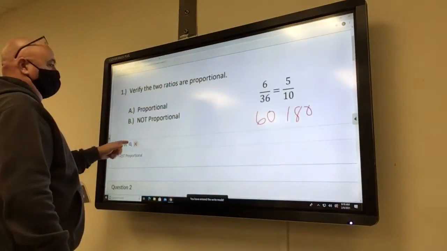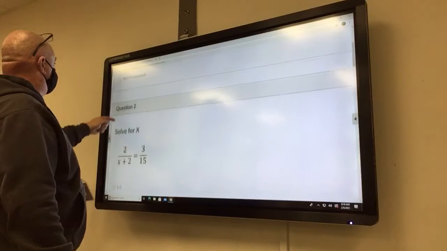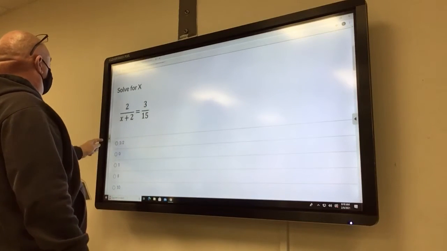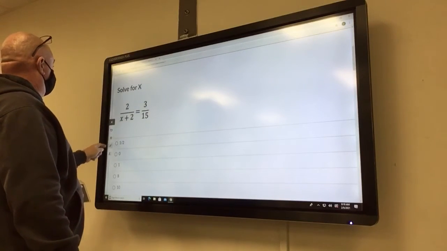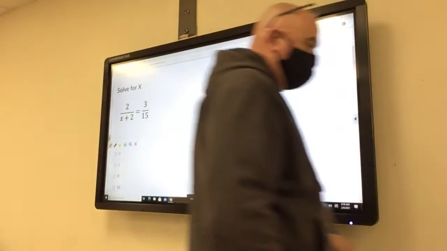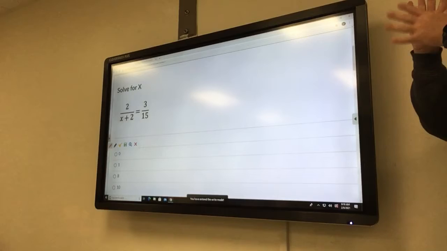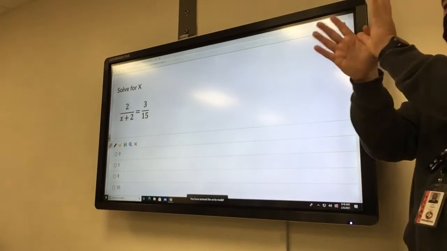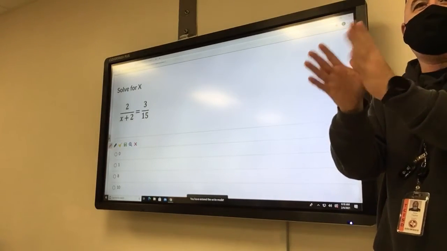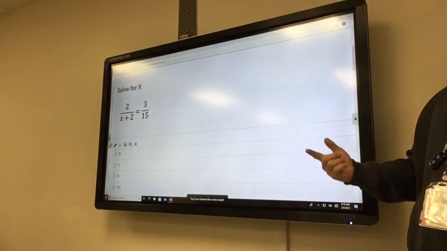Go up to this next one. It says solve for x. Again, we're going to do the butterfly method. Fly away, little butterfly, fly away. We cross multiply.